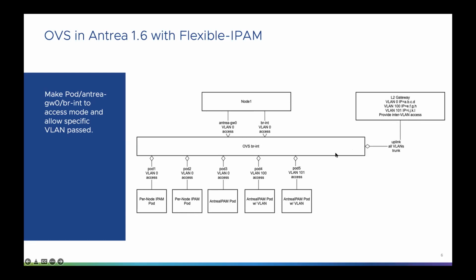The traffic will transfer from one node to the layer 2 gateway, and the layer 2 gateway will send it to another node. But if the traffic is intra-node, the OVS will send the traffic directly from port 4 to port 5.